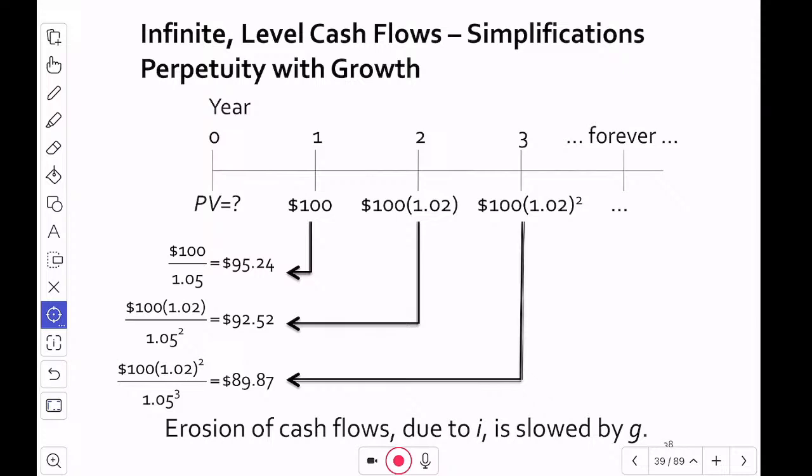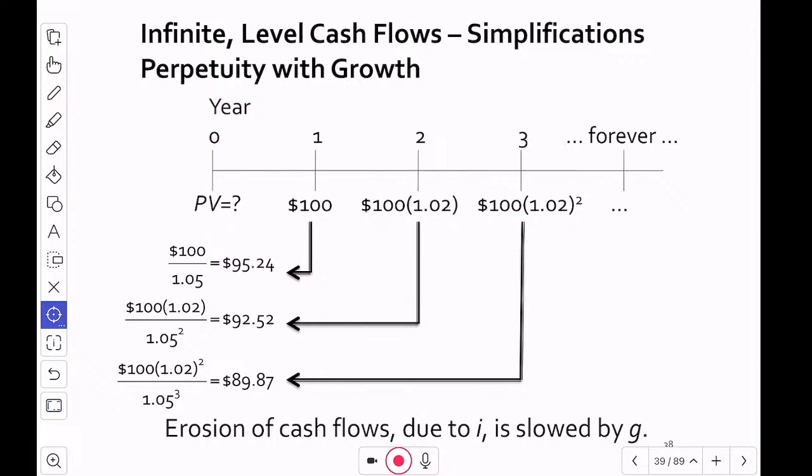If I use the NPV approach and I discount future cash flows, I can see the pattern I'm looking for. Cash flow will still diminish over time, however, at a slower rate because the cash flows are now growing.